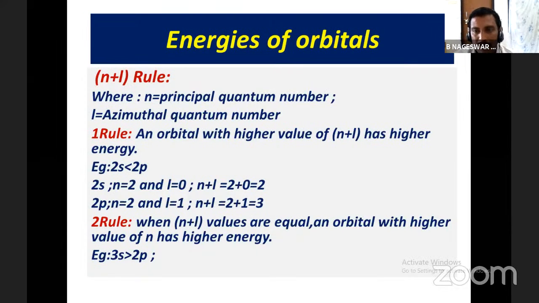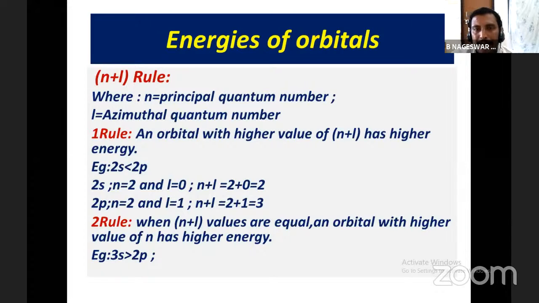Similarly, there are 2p, 3p, 4p, 5p orbitals; 3d, 4d, 5d orbitals; 4f, 5f orbitals. In this manner, we can find many types of atomic orbitals. If you want to fill electrons in a particular orbital, we have to know its energy.